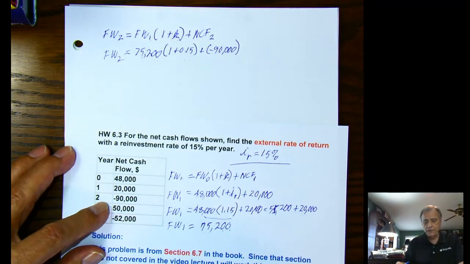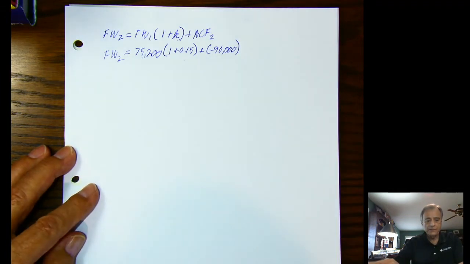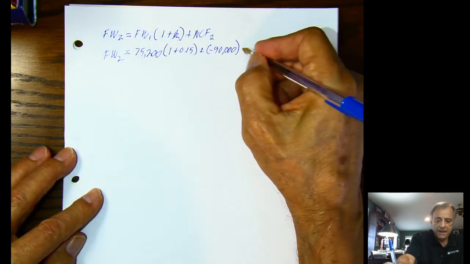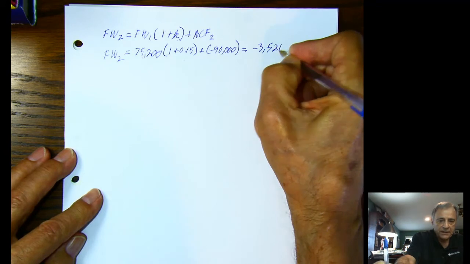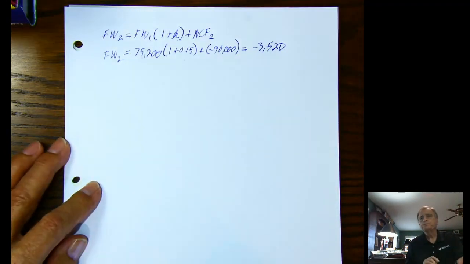And when we do that multiplication, we're going to get a negative number. We're going to get minus 3,520 for the sum of this and this, okay?